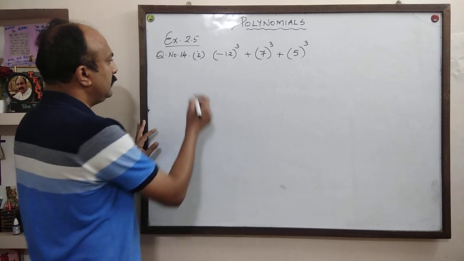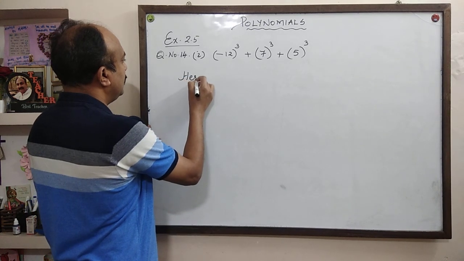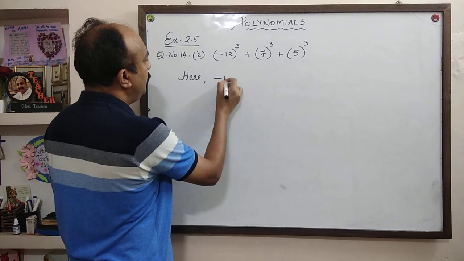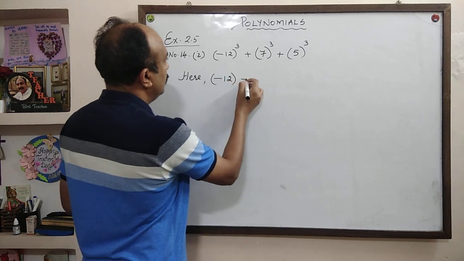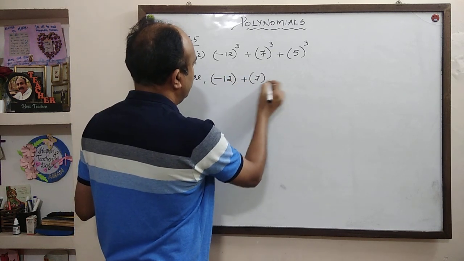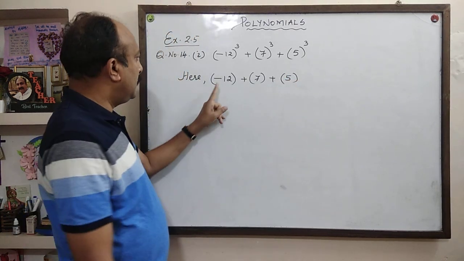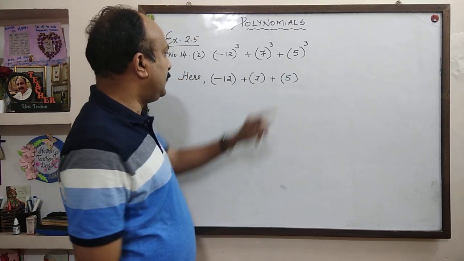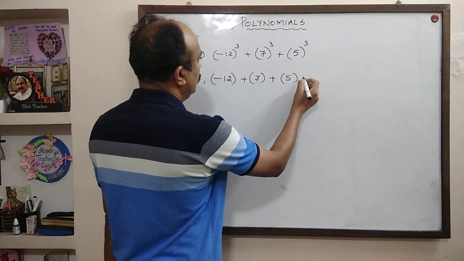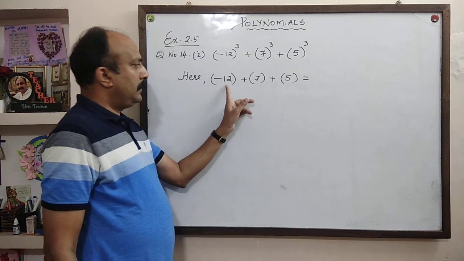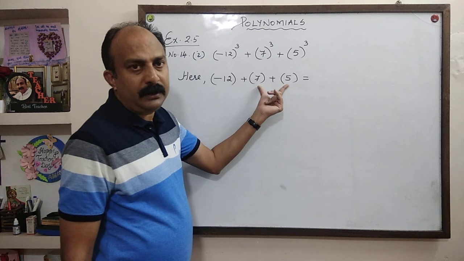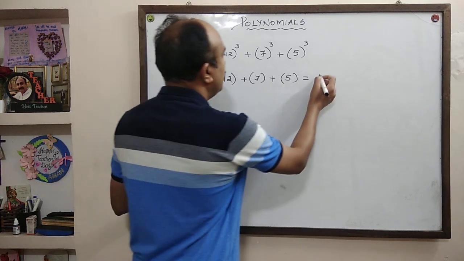So here I begin. Here a means minus 12, b means 7, c means 5. So here a plus b plus c is equal to minus 12 plus 7 plus 5, 12 plus minus 12, which is 0.